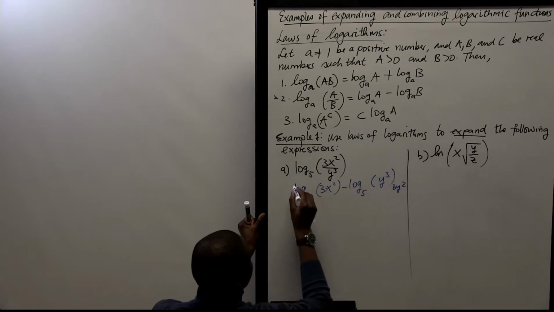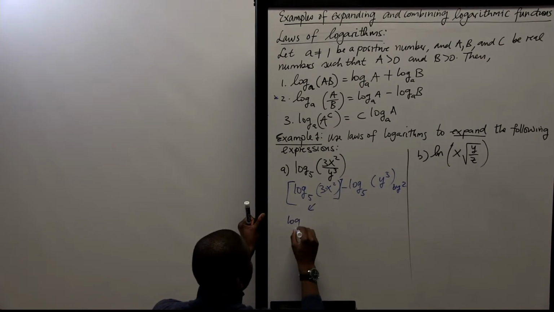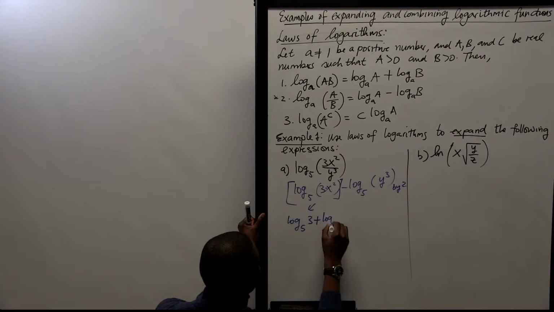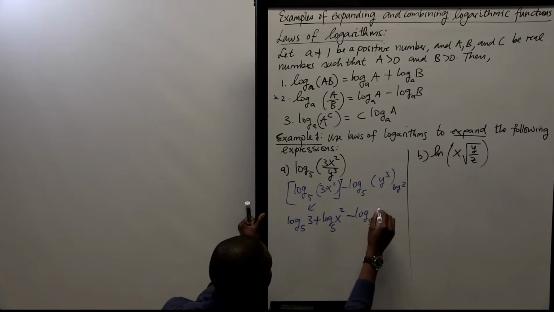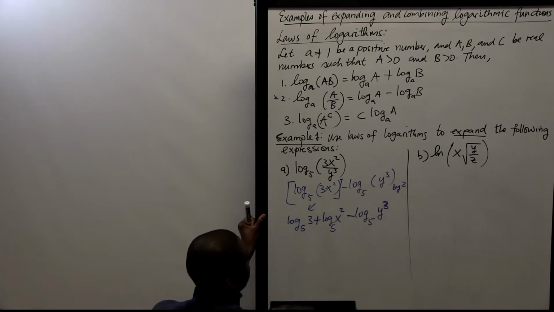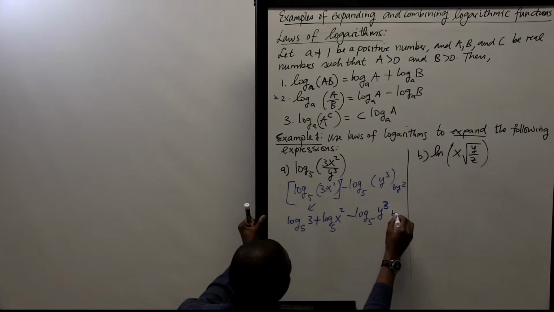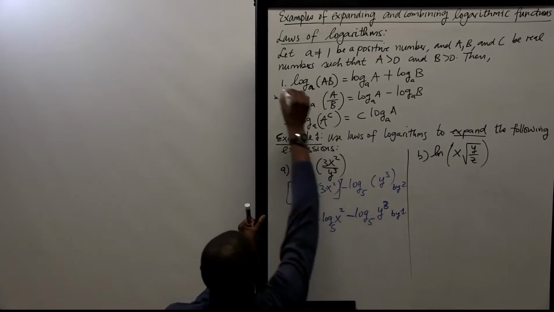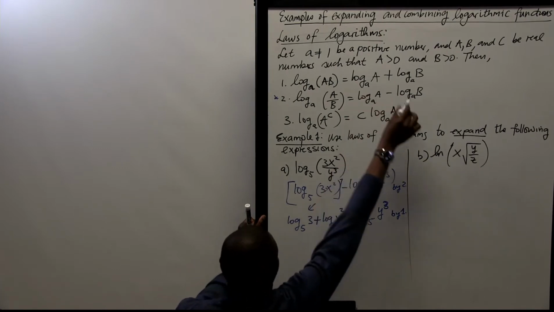So this can be written as log base 5 of 3 plus log base 5 of x squared minus log base 5 of y cubed. We didn't do anything on this last term. This was by property 1, where we decided to write the product 3x squared as a sum.